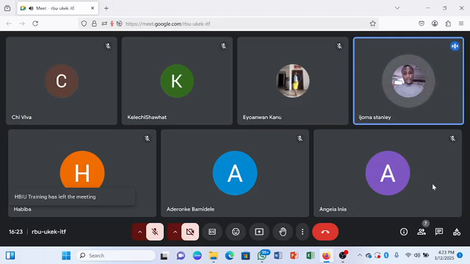Then we have coagulation. What is coagulation? Coagulation is a process by which blood changes from liquid to a gel form, or forms a clot. I think when I was talking about different types of lab samples, I mentioned sample bottles and anticoagulants.